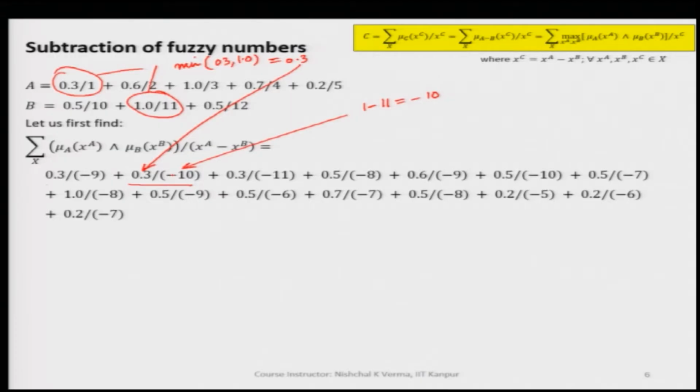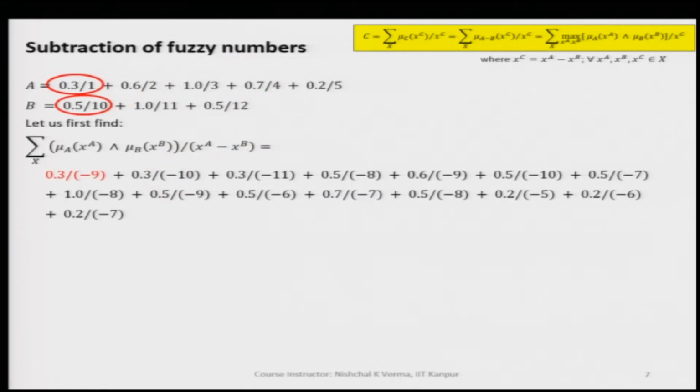So, on the same lines we go ahead and find all the combinations. This way we take all these combinations of pairs, and we get these values.